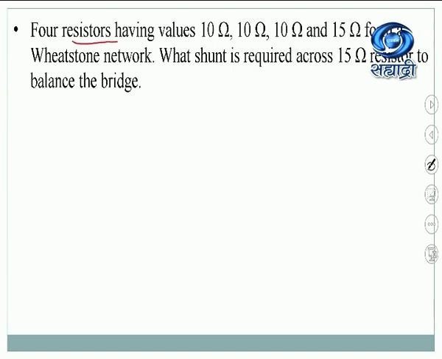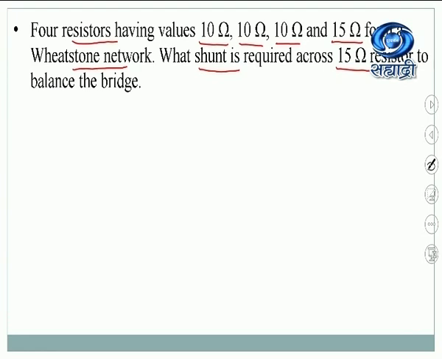4 resistors having values 10, 10, 10 and 15 ohm form a Wheatstone network. What shunt is required across the 15 ohm resistor to balance the bridge? See, there are 4 resistors, 10, 10, 10 and 15 ohm. They form a Wheatstone network.